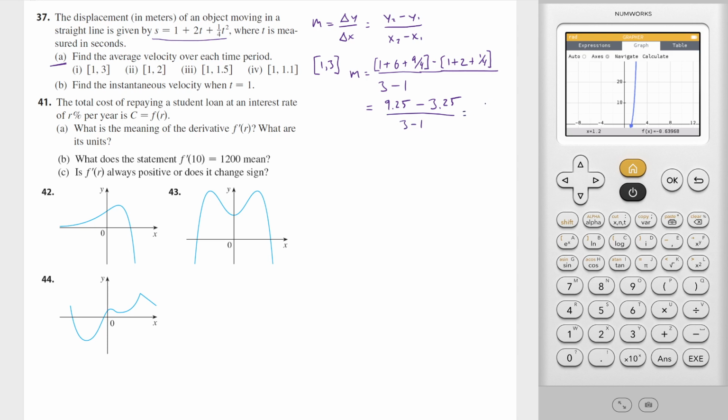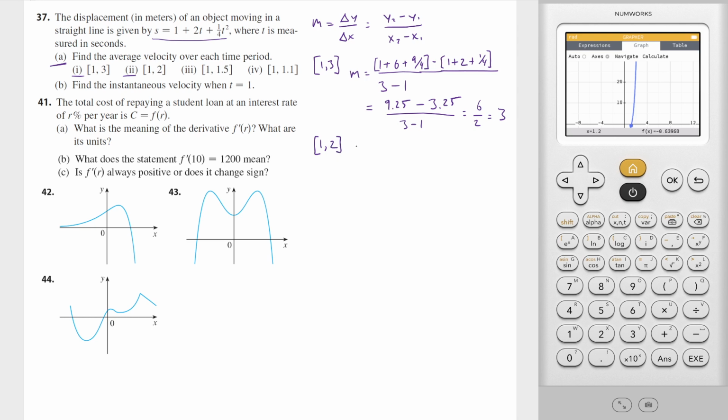And so what am I going to get there? On the top I'll have 6, on the bottom I'll have 2, and so this slope is going to be 3. That's for part 1. Alright, for part 2, the interval from 1 to 2.